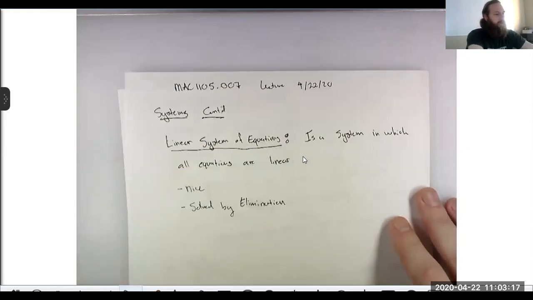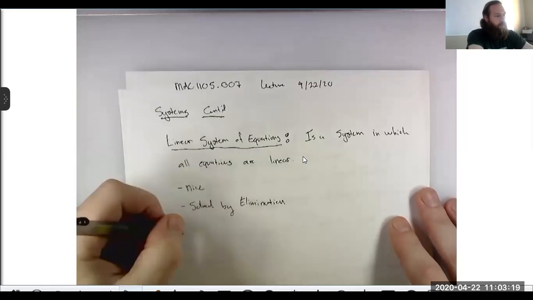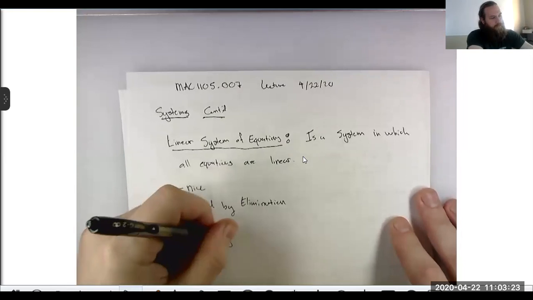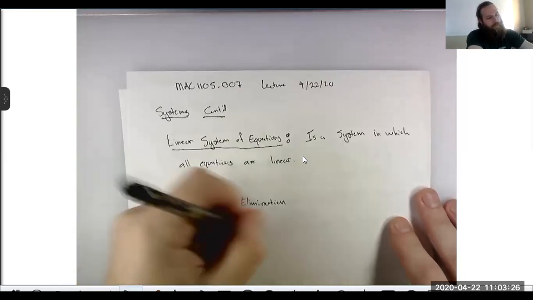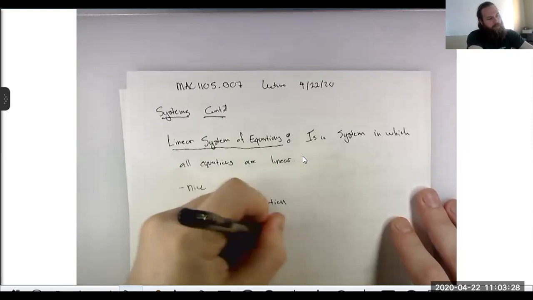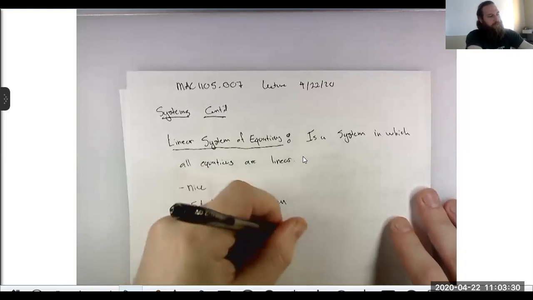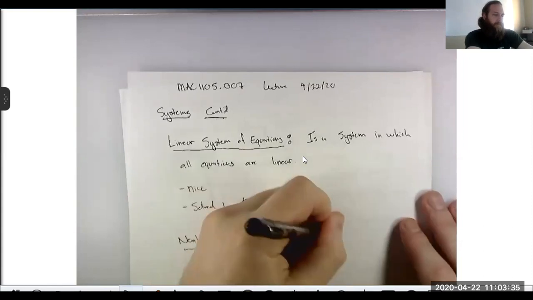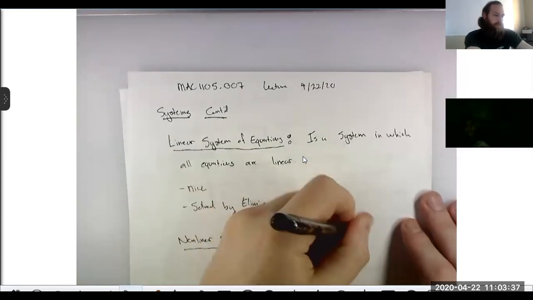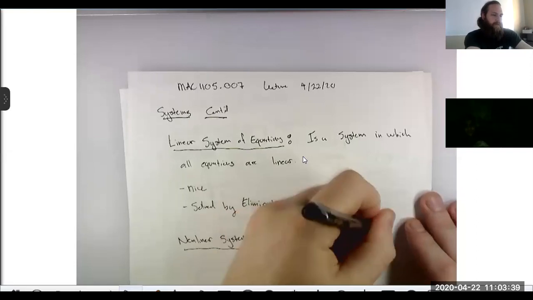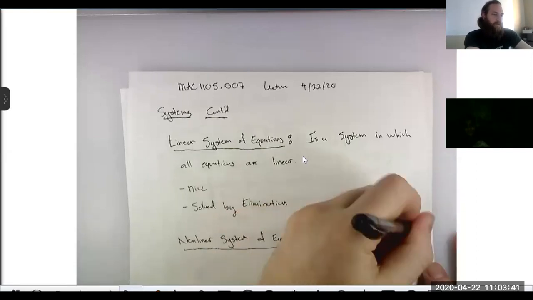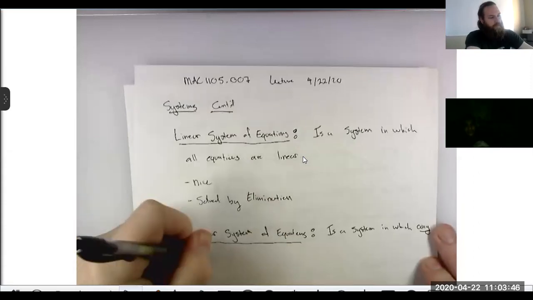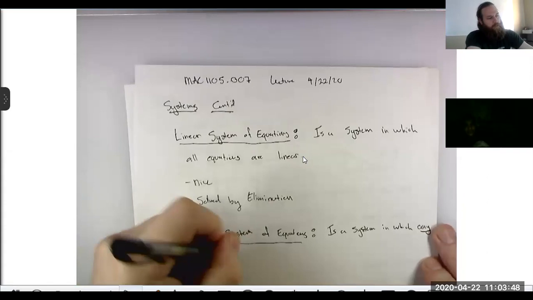And then the other category were nonlinear systems of equations. This is a system in which any one equation is nonlinear.